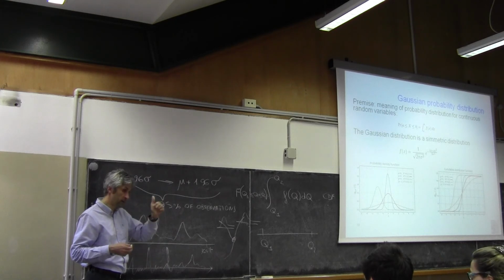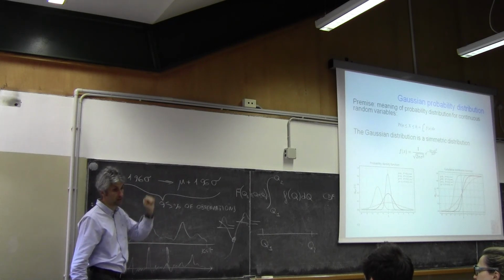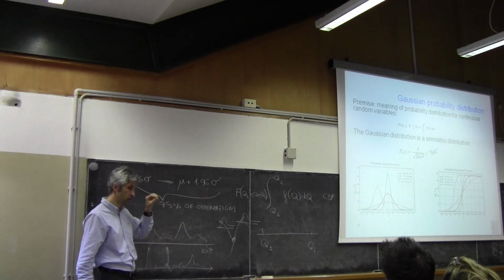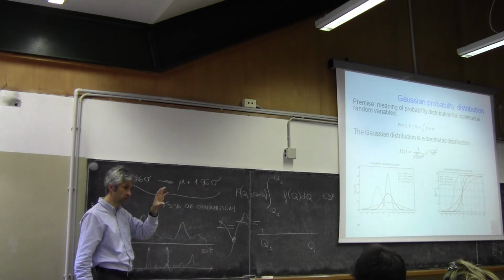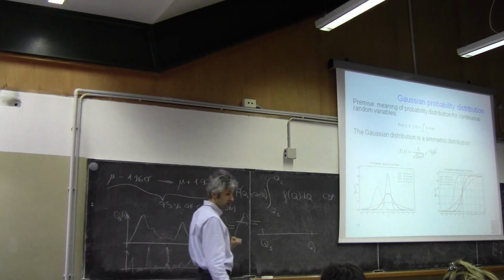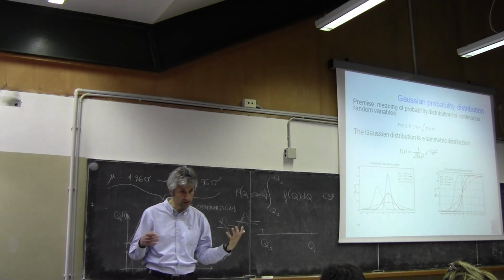Now, there is only one distribution that remains unaltered by a linear transformation, the Gaussian. So, if you have data that follow a Gaussian distribution and you take a linear transformation, the resulting distribution is still Gaussian. You don't know the parameters, but you know that it's still Gaussian.